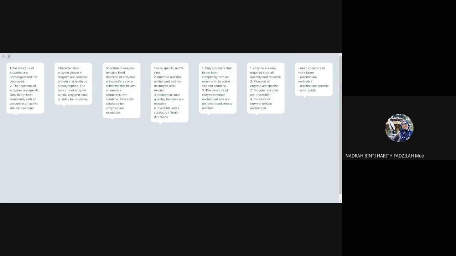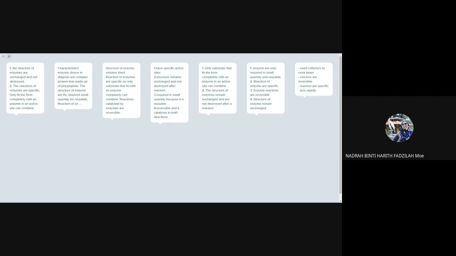Kemudian satu lagi acts rapidly. Acts rapidly tu betul, tetapi tidak betul untuk konteks gambar yang diberikan. Sebab soalan dia ialah based on the diagram kan. Ditunjukkan dalam diagram kan, what are the characteristic of enzyme shown in the diagram.